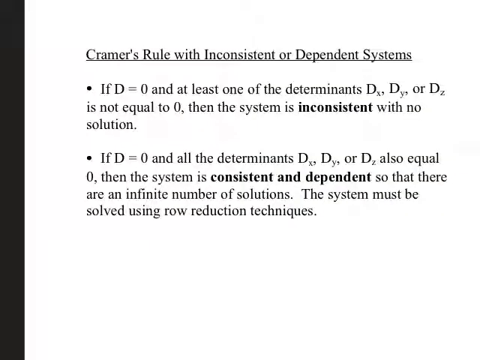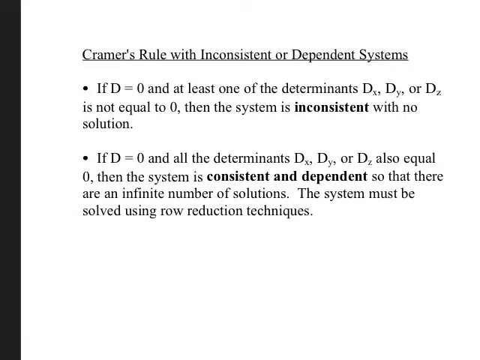All right, so these are the notes you need when you're dealing with an inconsistent or a dependent system. If you recall, whenever I said, hey, if that coefficient determinant ends up equaling 0, you're going to have a problem. So if you end up with the denominator being 0 you know you have a problem because you can't divide by 0.